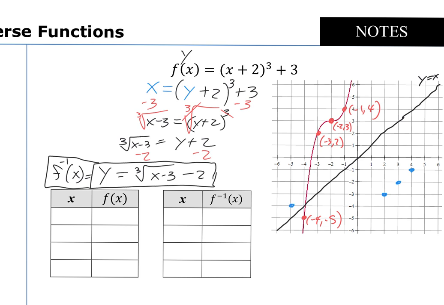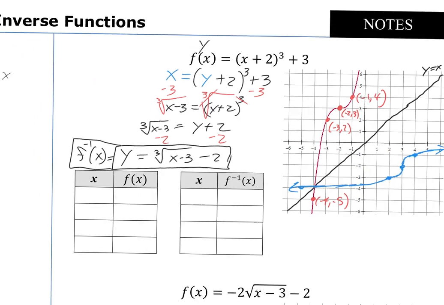And if I connect these dots here, boom, you can see how this graph is an exact reflection across the line y equals x. This blue graph here is the graph of this. The inverse graph will always just be a reflection across the line y equals x.